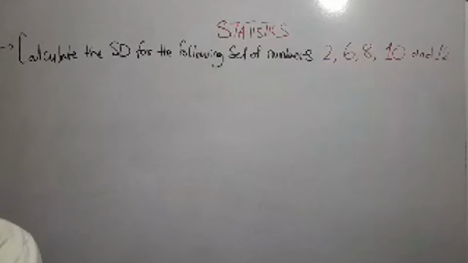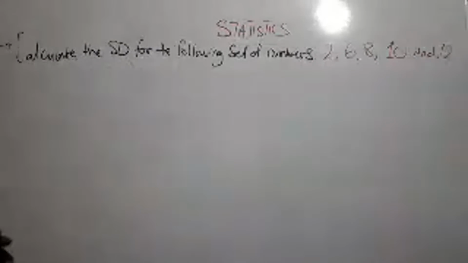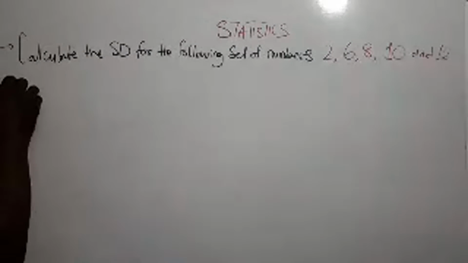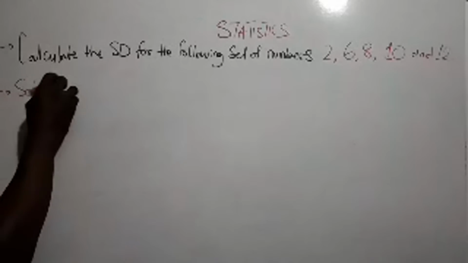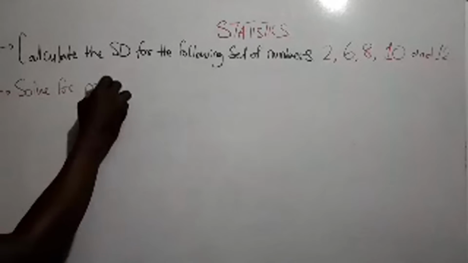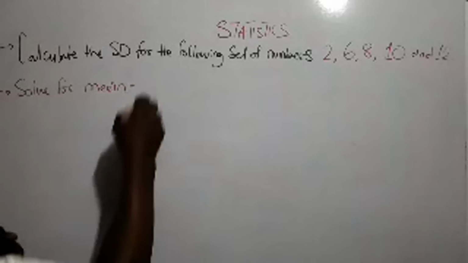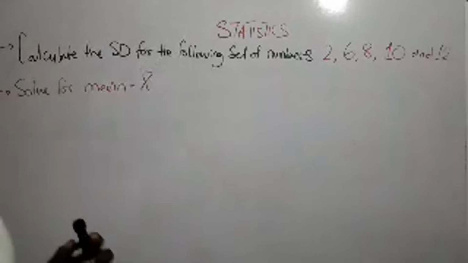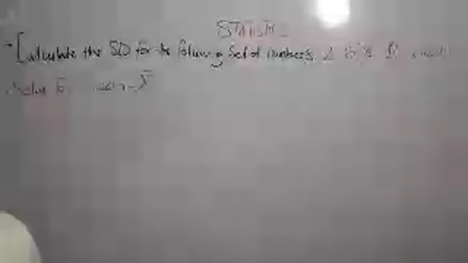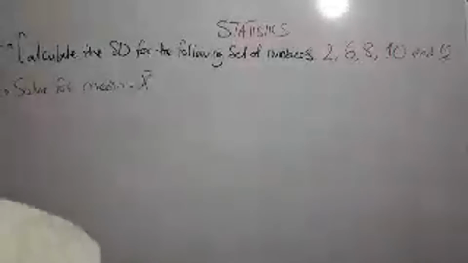Are we together? So what is the approach we have to use? We have to find the mean first, which is x bar. So how do we solve for mean?